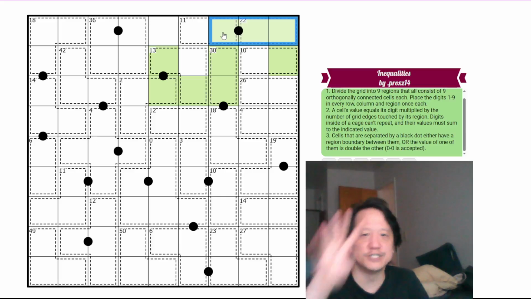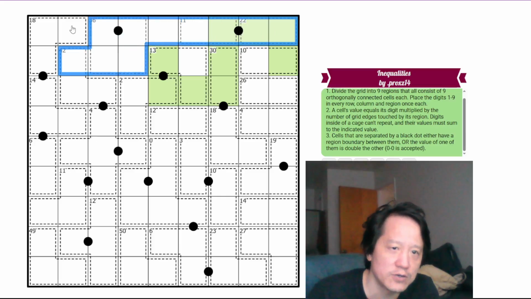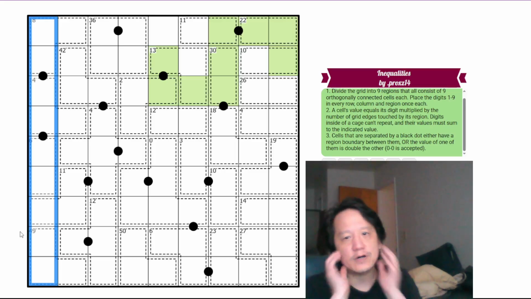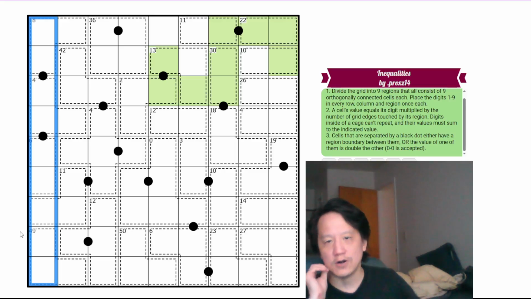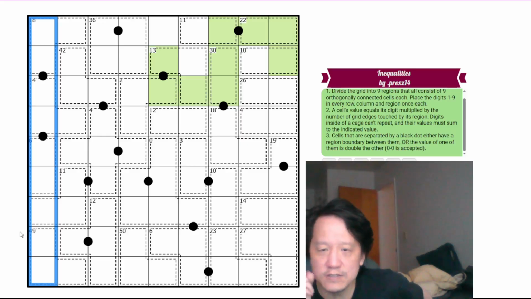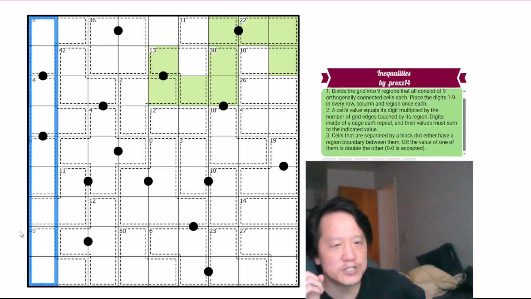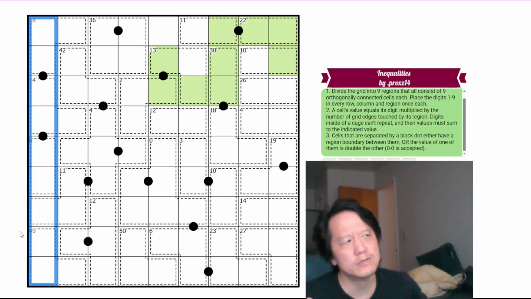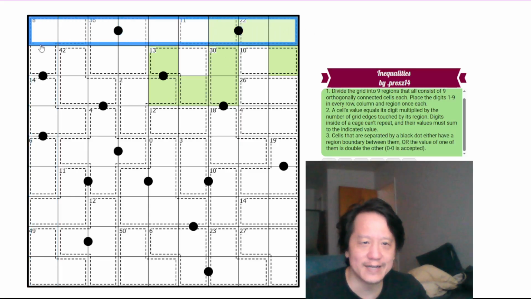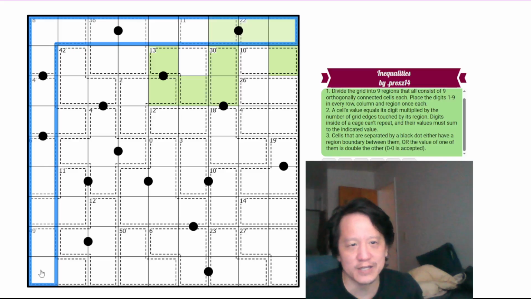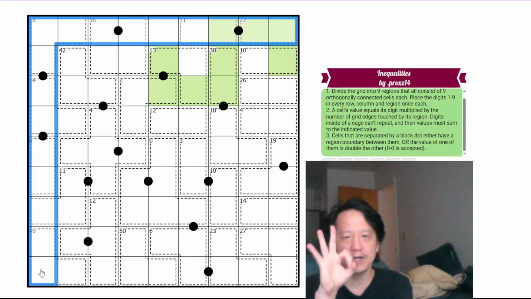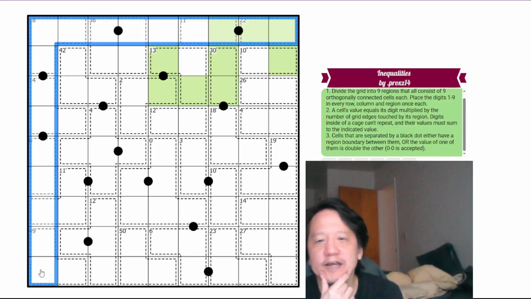There are 4 grid edges in total: 1 grid edge here, 1 here, 1 here, 1 here. You can't really touch 4. If you try to touch 4, that's not going to be able to form a 9-cell orthogonally connected region, right? So you can touch 0 through 3 of the grid edges.